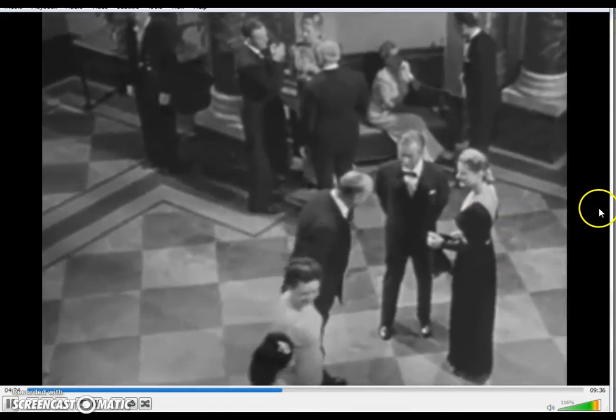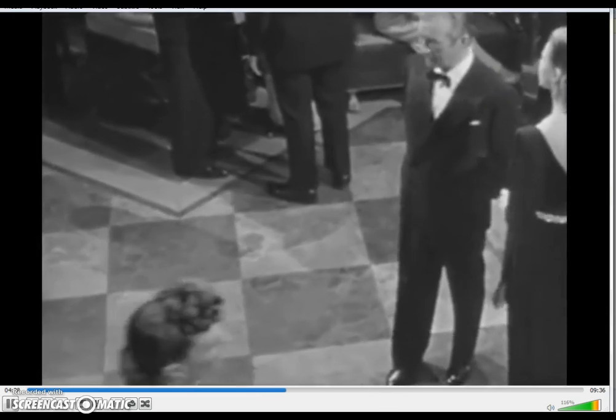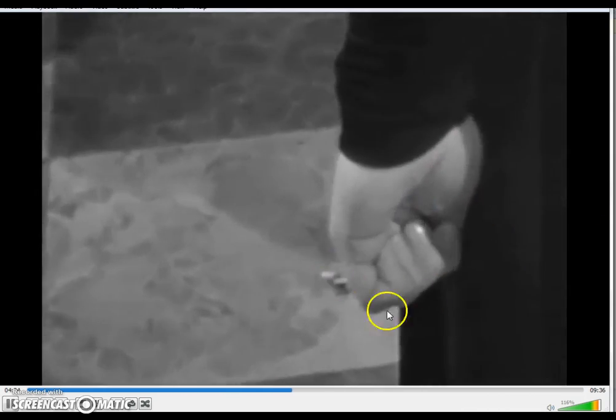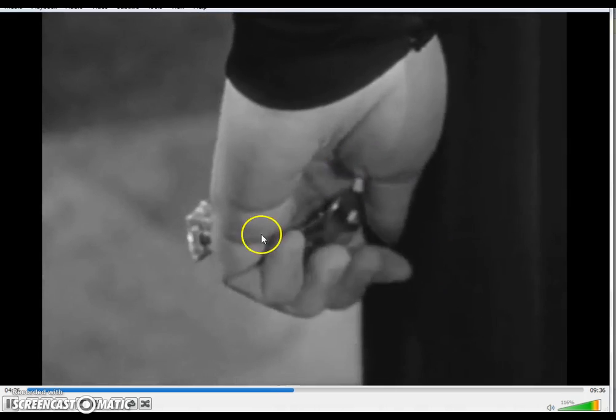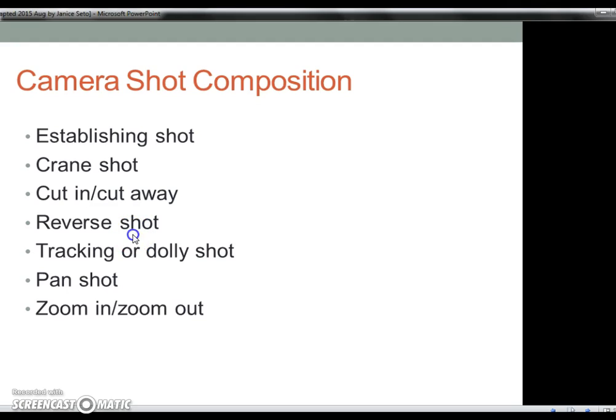That's Ingrid Bergman, Claude Rains. And it's going to zoom into a close-up, in fact, into an extreme close-up to the key in Ingrid Bergman's hand. So that was a nice one. That was from Notorious, again with Cary Grant and Ingrid Bergman.